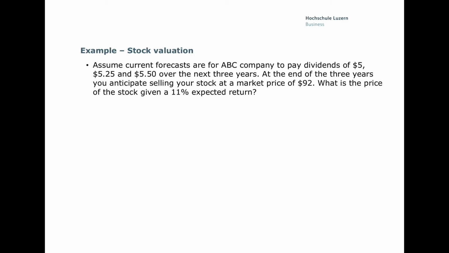If we assume a return expectation of 11%, what is the price of the stock today? To answer this question, we use the previously derived stock price formula and discount each cash payment with the corresponding discount rate. Doing so implies a stock price of $80.09.